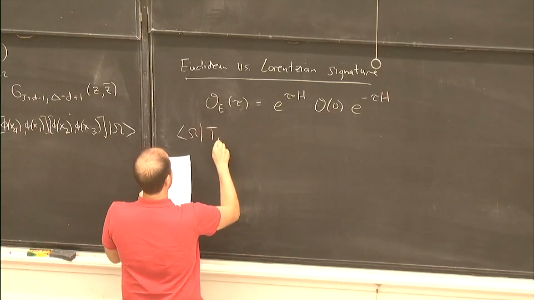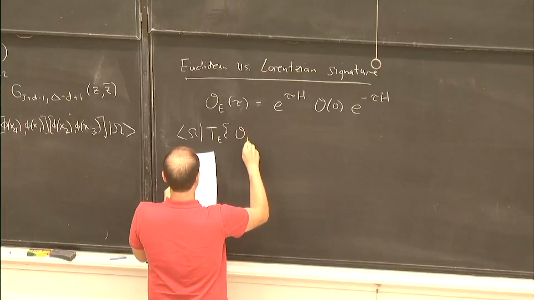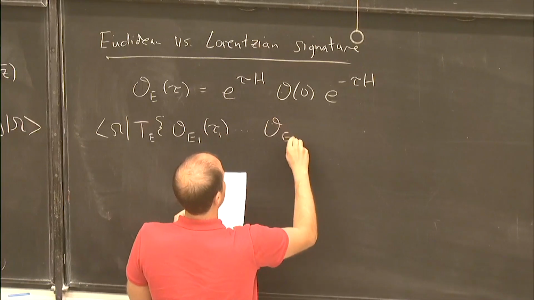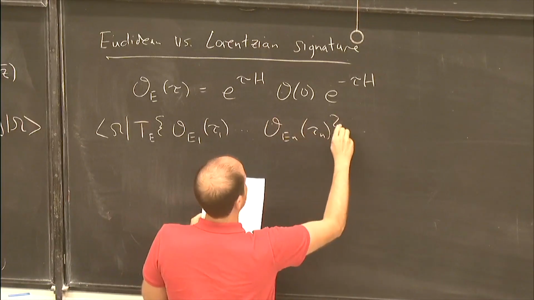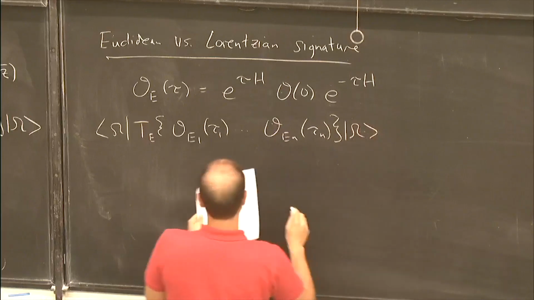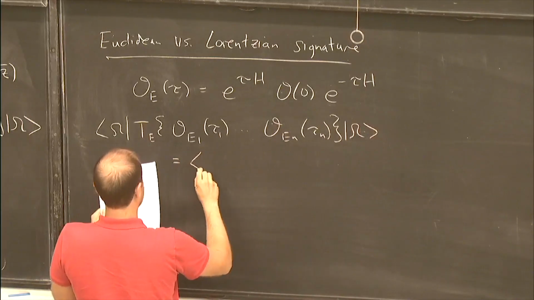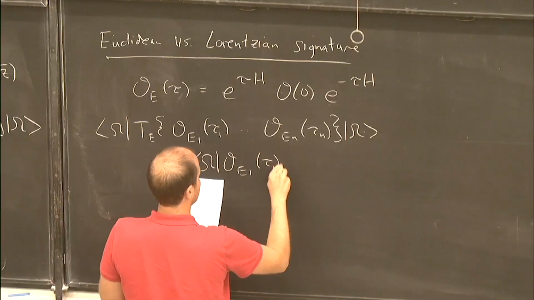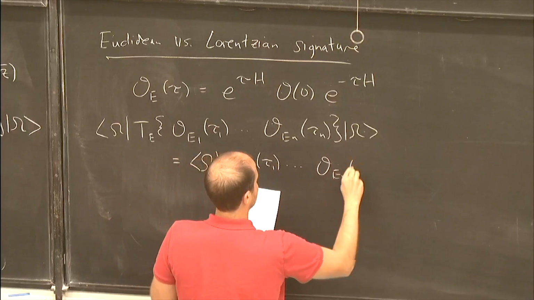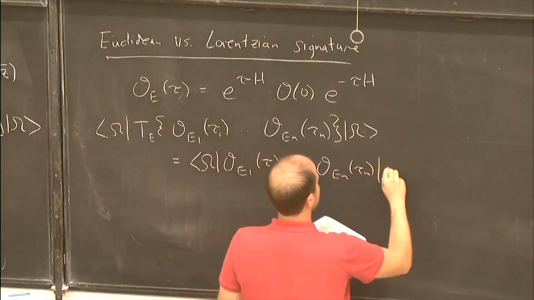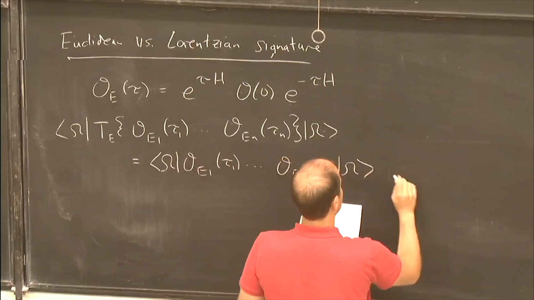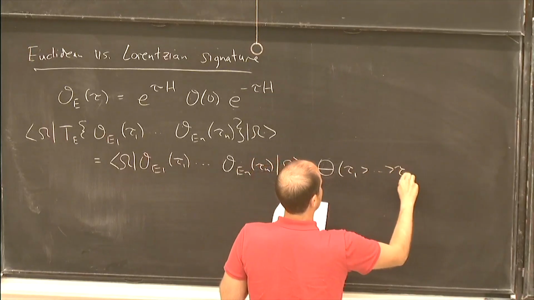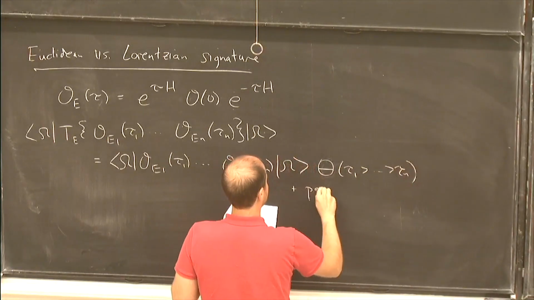So a Euclidean time-ordered correlator is equal to the product of operators, where we impose that the times are ordered correctly, and then plus permutations.